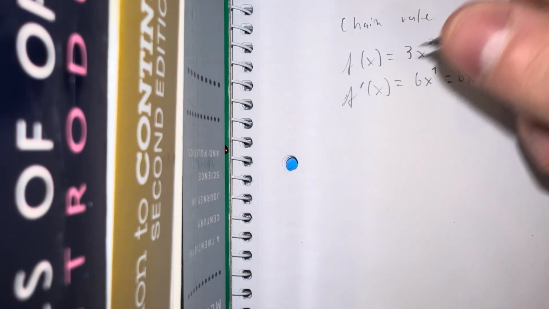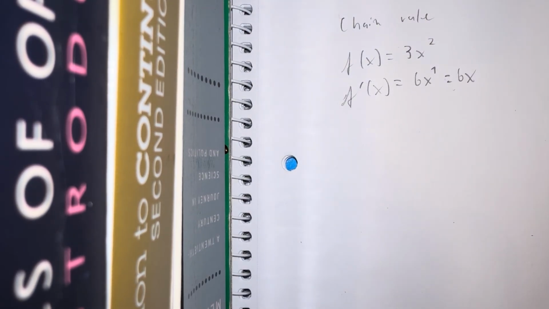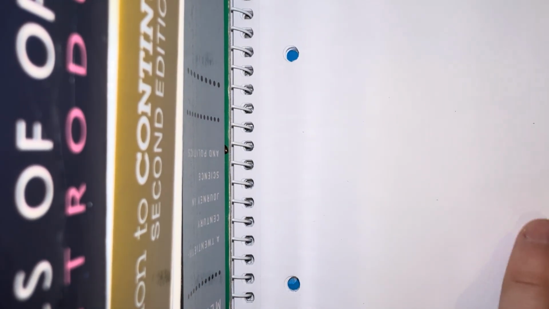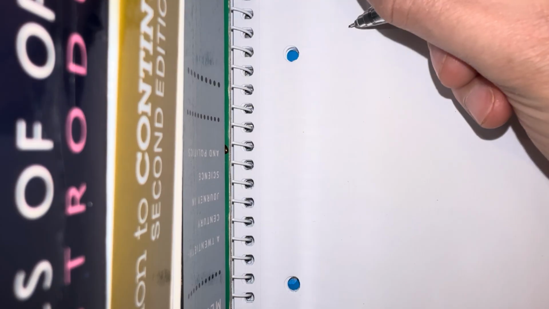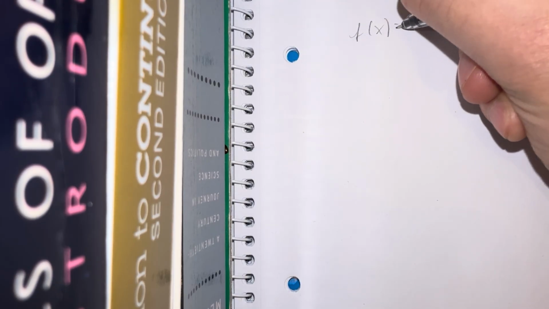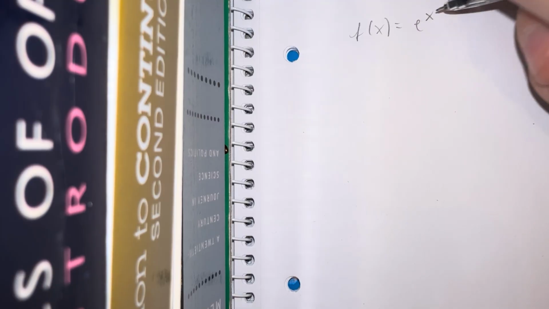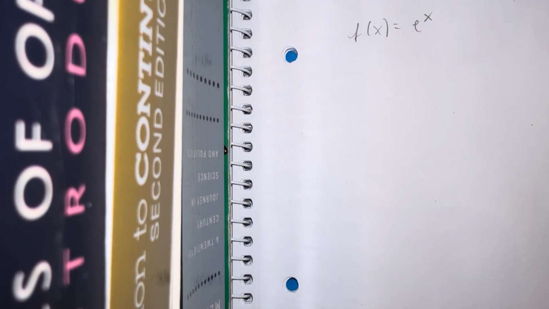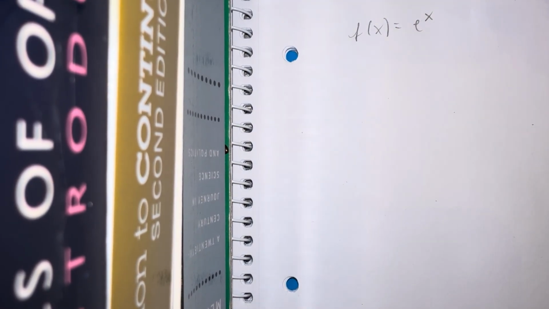6x. But what if we have a function which is sort of interconnected with a different function? Take the exponential function, for instance. It looks like this. Now we have e raised to the variable x, but it doesn't have to be raised to a single variable.